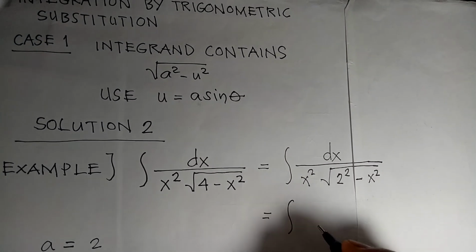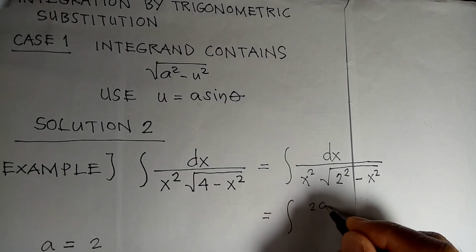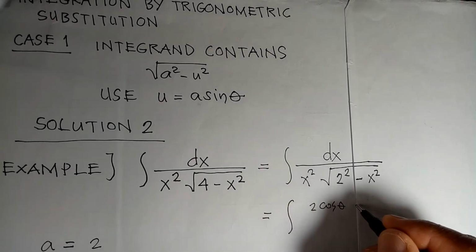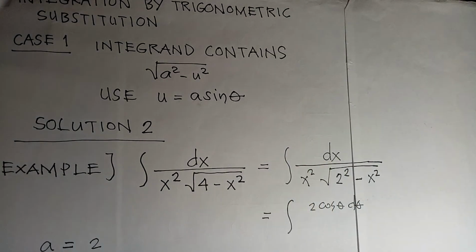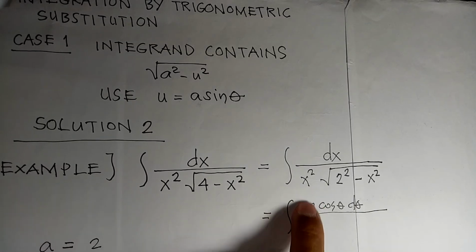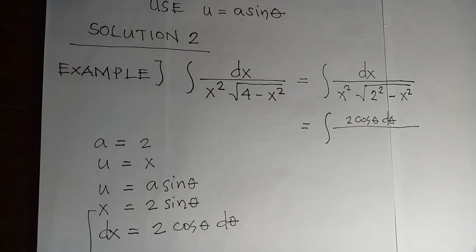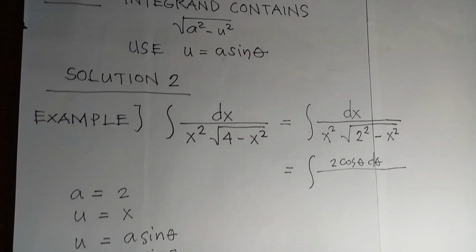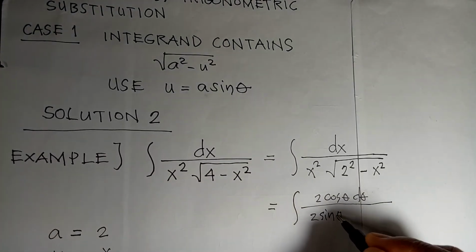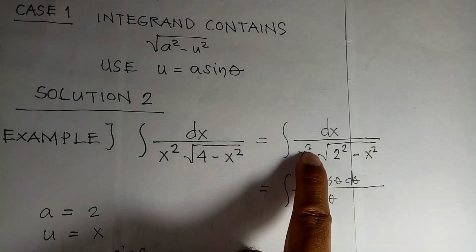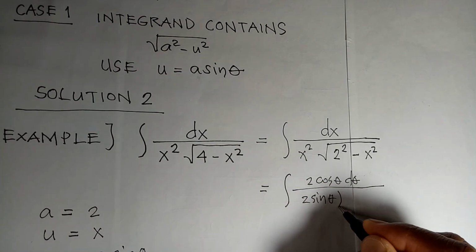So, palitan natin yun. 2 cosine theta d theta. Division line. Tapos, meron tayong x. Pero ang x equals sa 2 sine theta. So, palitan natin siya ng 2 sine theta. Tapos, naka-squared yung x, kaya, square din natin.